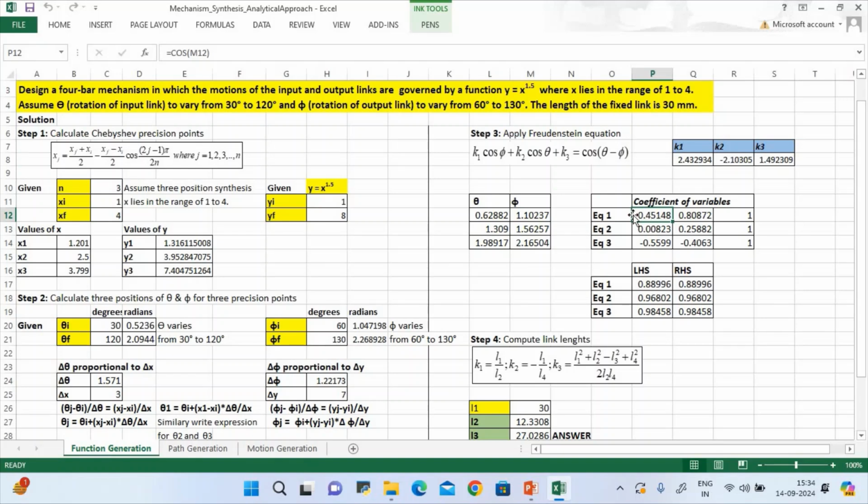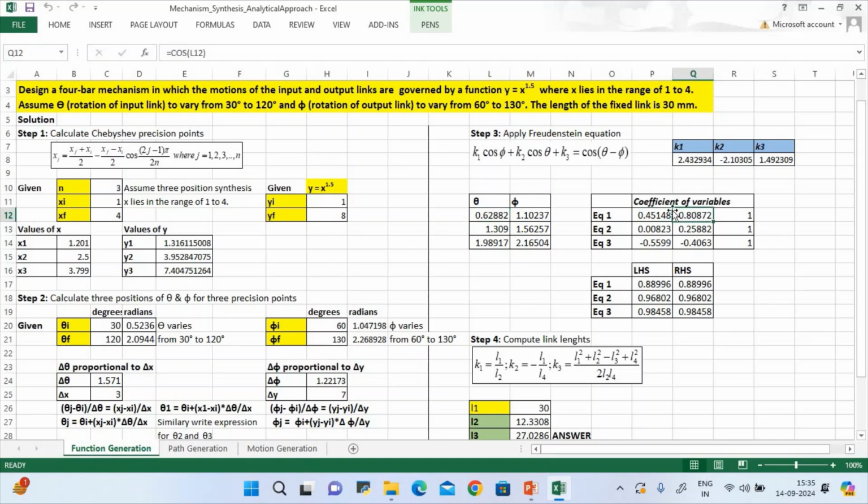So here you can see that the coefficient for this variable k1 is cos phi. So we are taking this thing equal to cos of, you can see this cell M12, that means cos of 1.10237. Now similarly, if you take up this cell, so the coefficient for variable k2 is cos theta. So this is your cos theta basically.